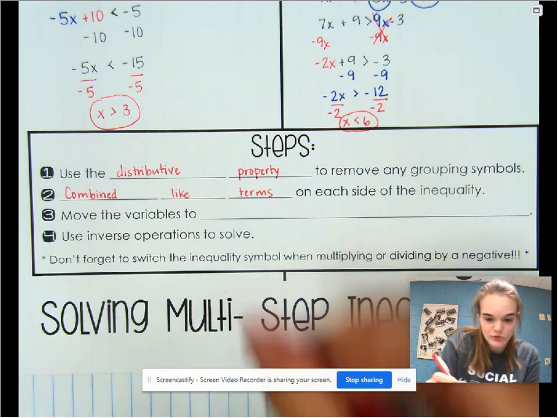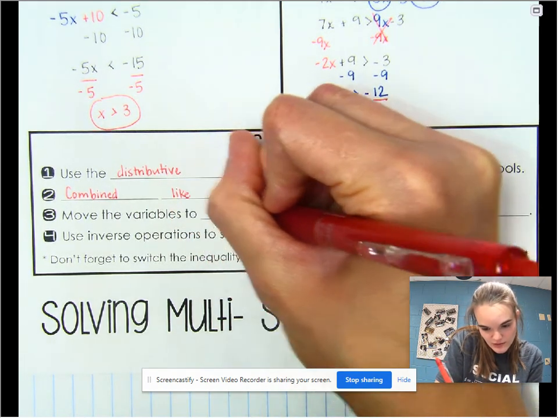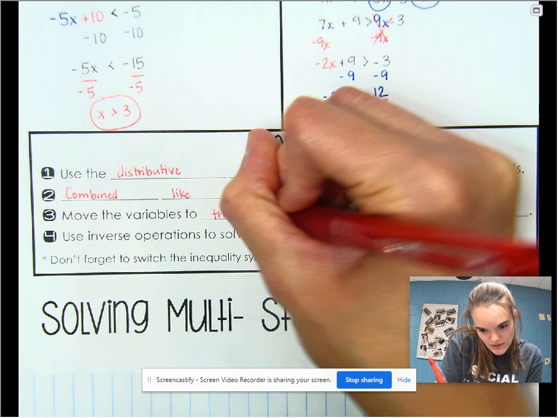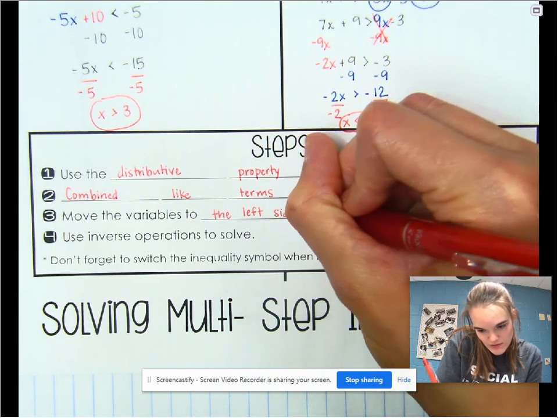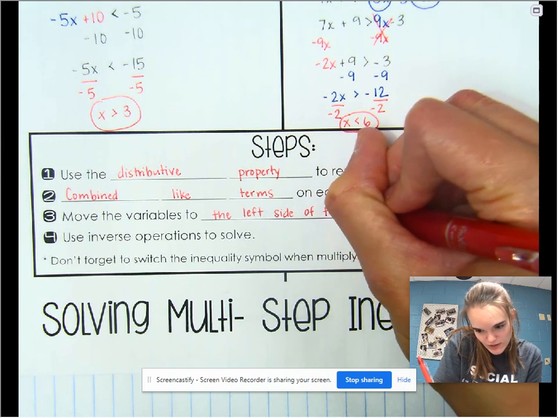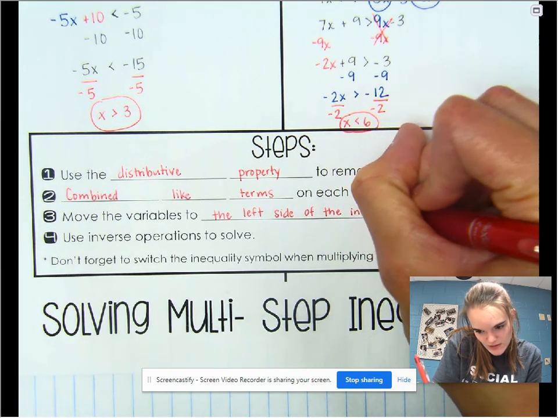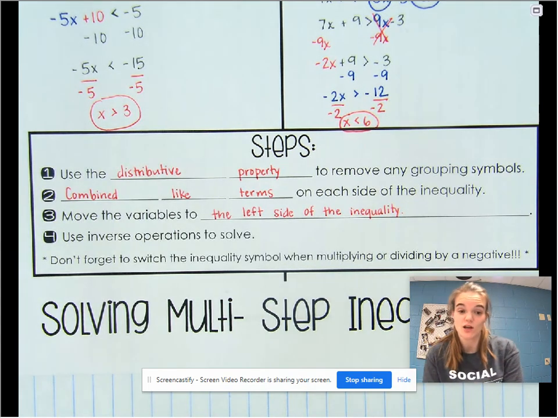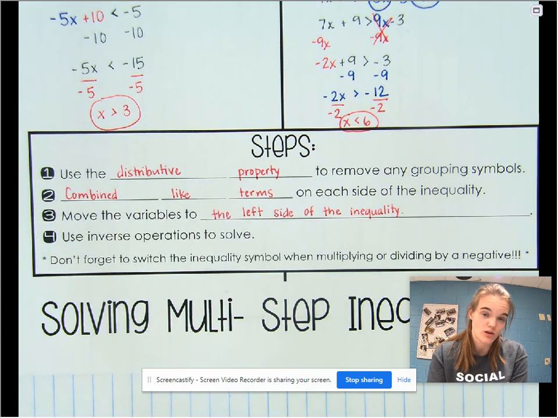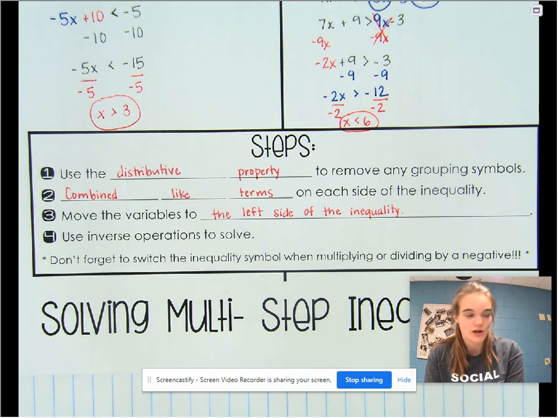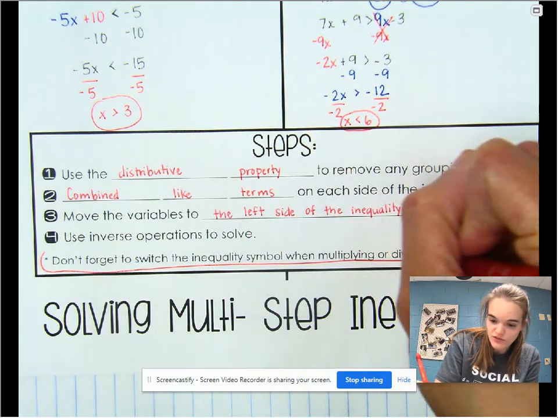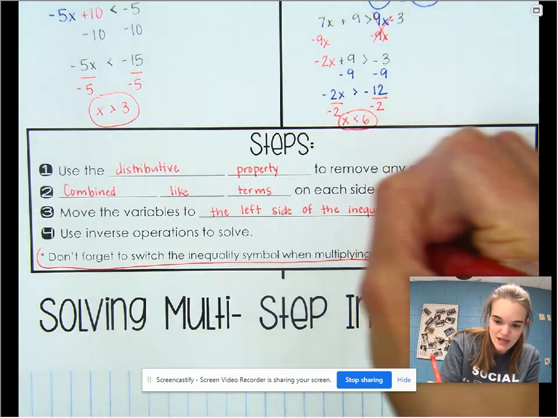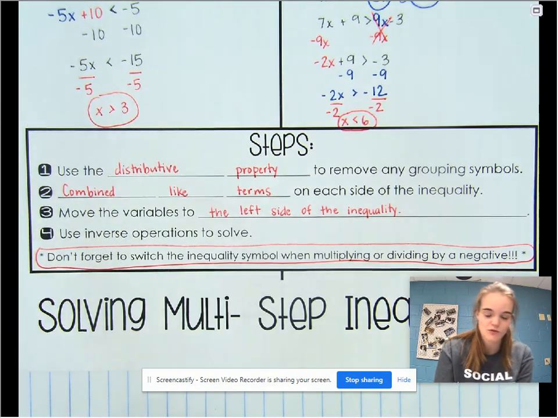Then we move the variables to the left side of the inequality. Where we've been saying the equation, well, an inequality is the right word for when they're not equals. And then we use inverse operations to solve. Don't forget to switch the inequality symbol when multiplying or dividing by a negative. Don't forget that. You'll miss things if you forget that, okay?